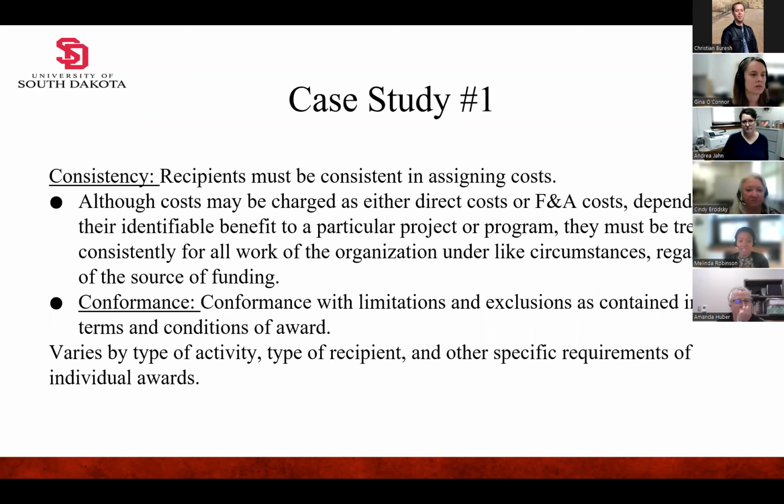Would it be assigned this way, especially in regards to whether it would be a direct cost or an F&A cost, depending on this particular project or program? And does it conform within the limitations and exclusions of this particular grant or award? We talked a lot about the notice of award. What does that say about this cost? Is this cost allowable? So great job, everyone that said no.